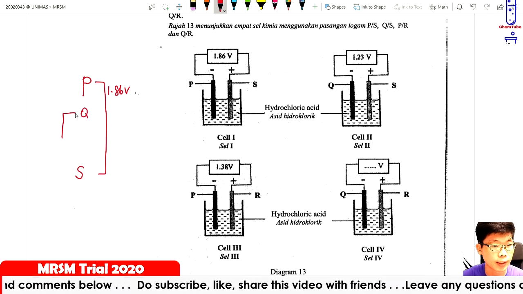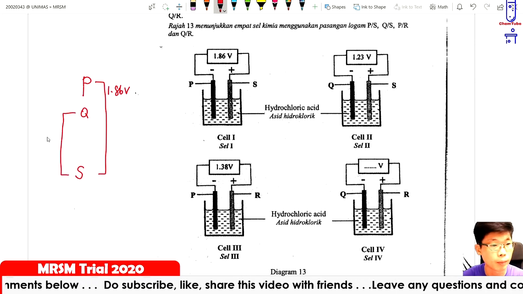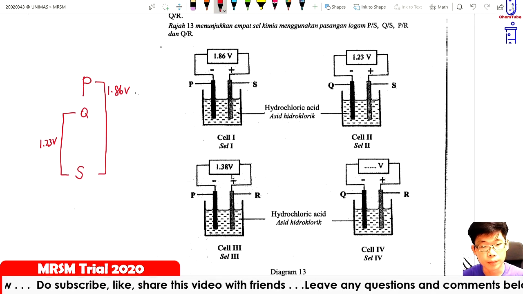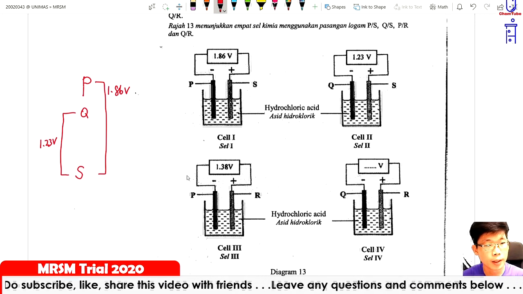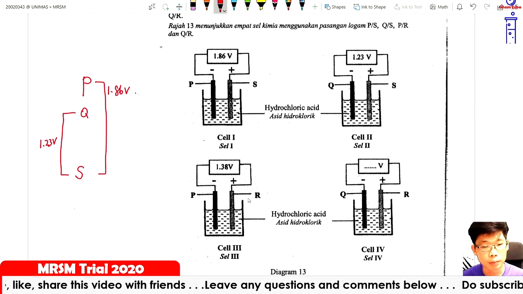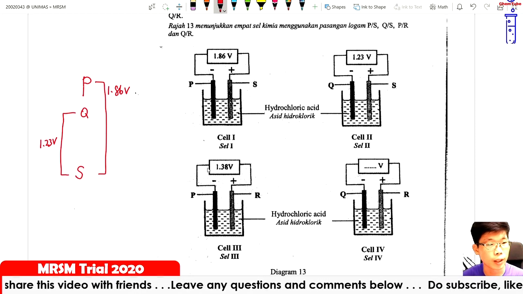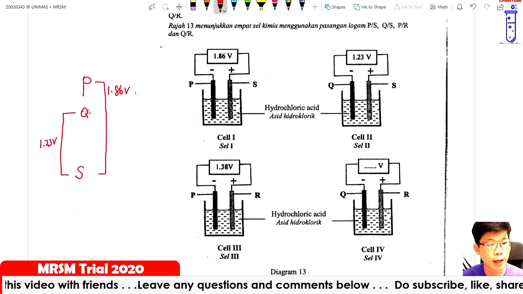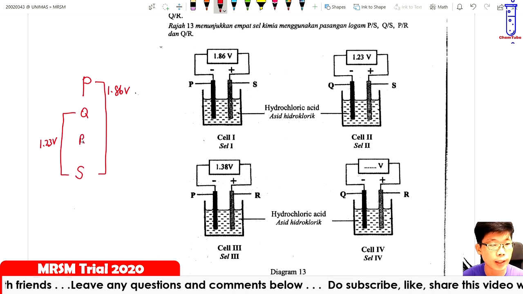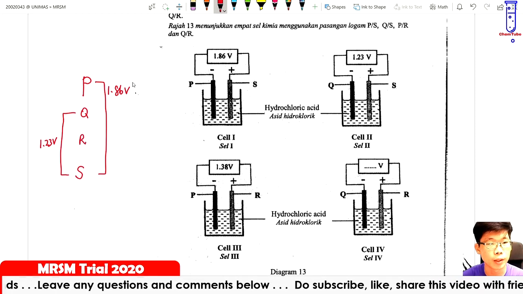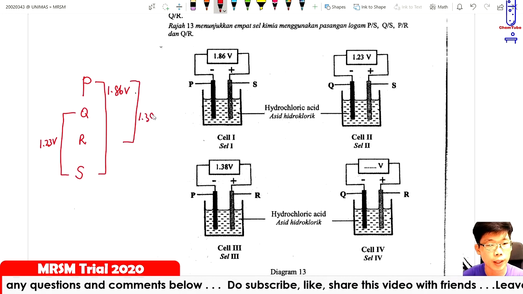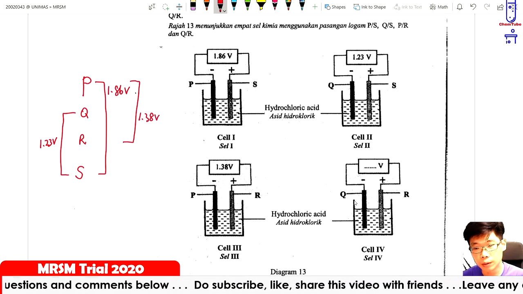Now cell 3, 1.38, P and R. P is negative, R is positive. So for R, 1.38 means R is somewhere between Q and S. So this one and this one is 1.38 volt. And then Q and R.